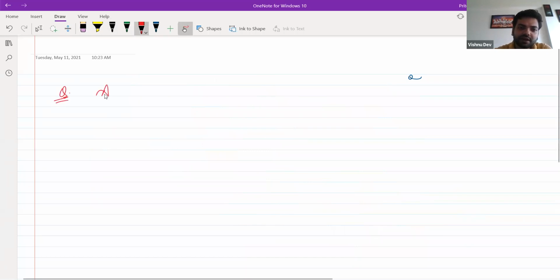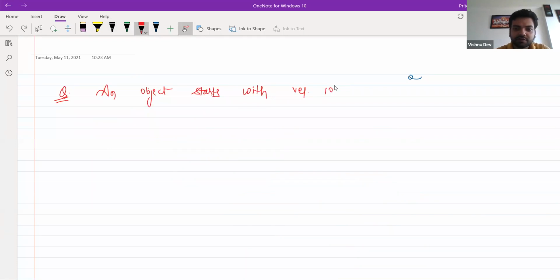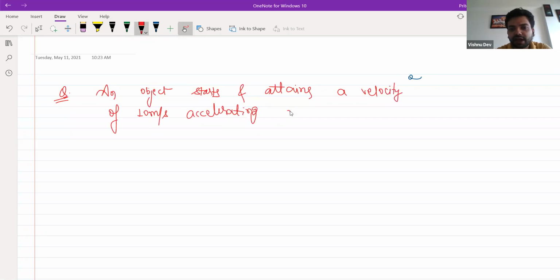Let's say a car or an object starts, let us say it just starts, and attains a velocity of 10 meter per second, accelerating at 2 meter per second square.